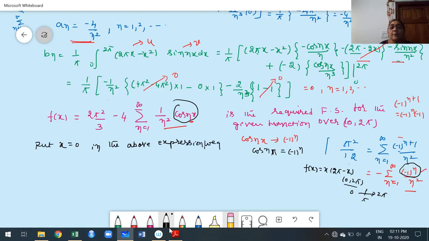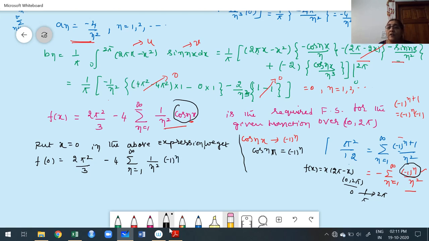We get f of 0 equals 2 pi square by 3 minus 4 summation n ranging from 1 to infinity 1 by n square minus 1 to the power of n.